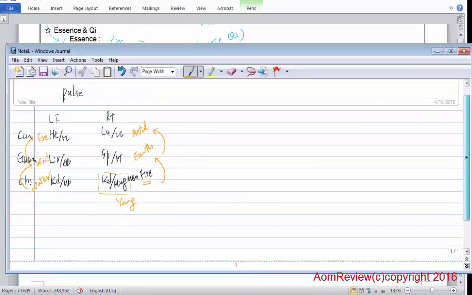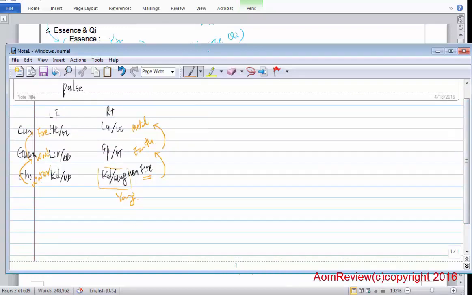So in the test, they like to ask us this way. A patient has a kidney sign, a patient has a lumbago and with a weakness of the knee, with a tinnitus.